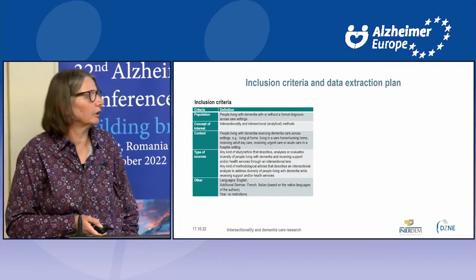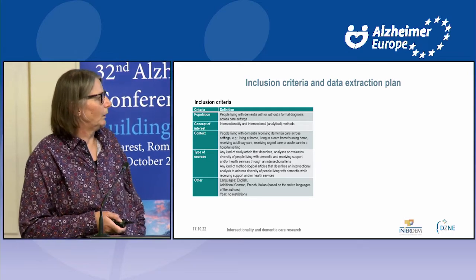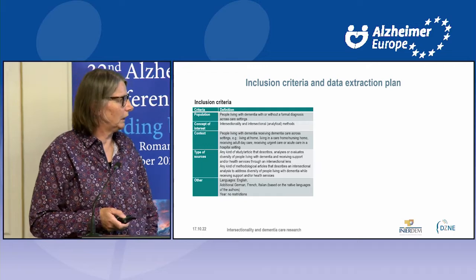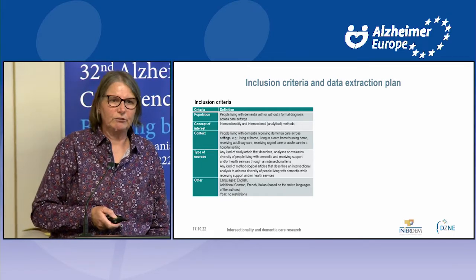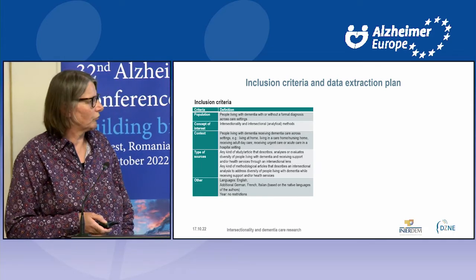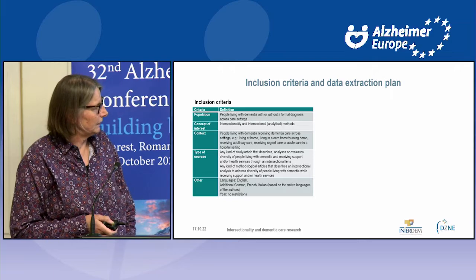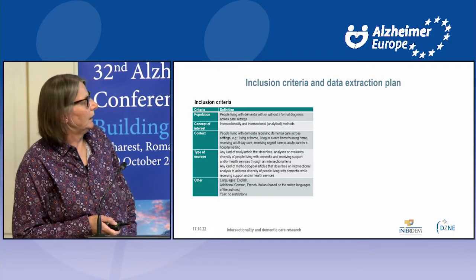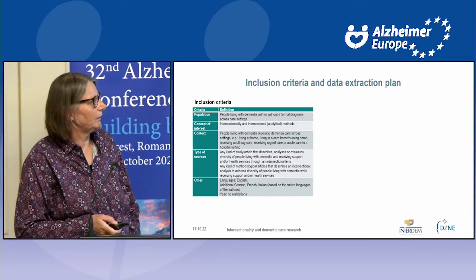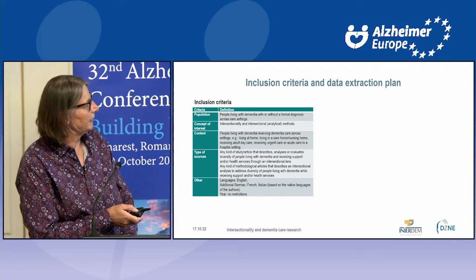So the inclusion criteria, as you can see, I'm not going to read through everything, but what we try to do is have English as the key language, and then based on the international group and the native languages of the international group, we have also allowed different languages. We did not restrict the year because we can already see there is an increase over the course of the last couple of years.